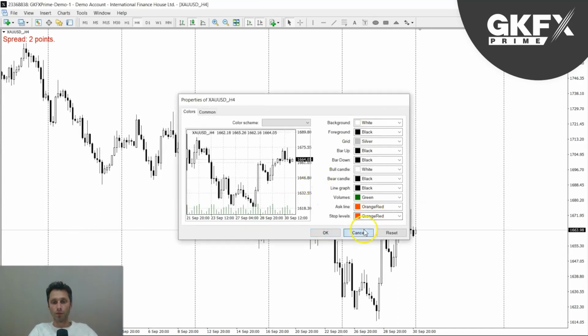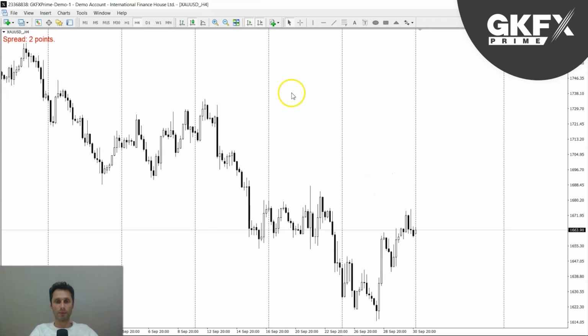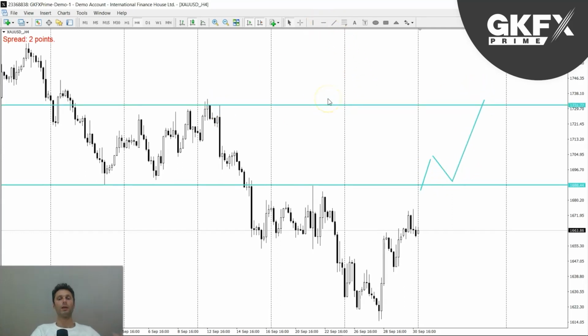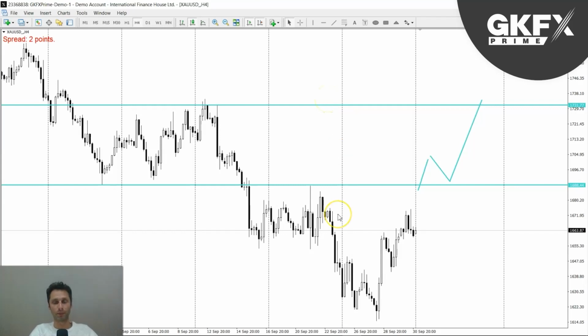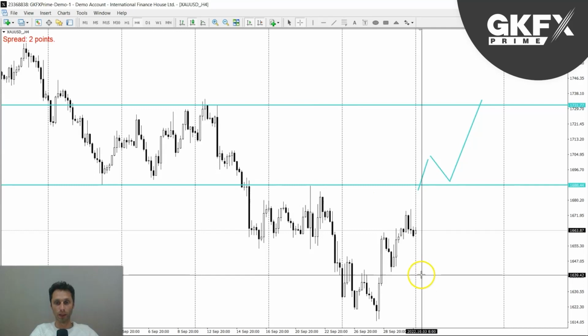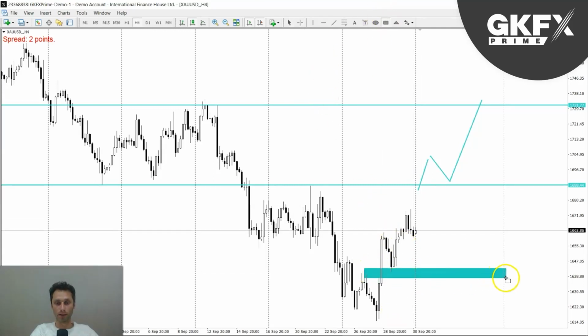So there's two scenarios I'm seeing here. First, I've got this level here, which if it's broken, then I'll be looking for the market to continue to the top side to take out the next level and continued bullishness. However, if this high is not broken and we go lower, then I'll be looking for a lower level, and there's a lower zone here.